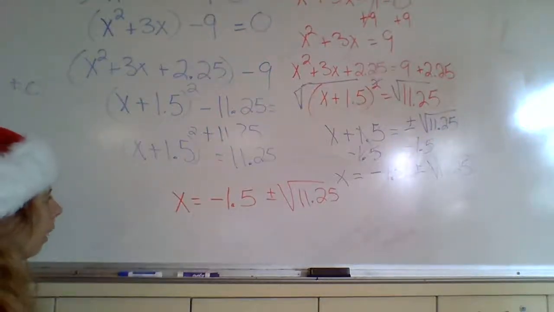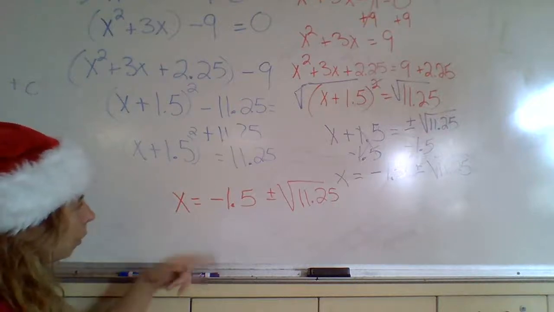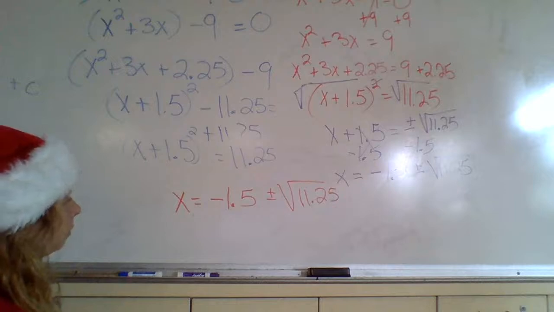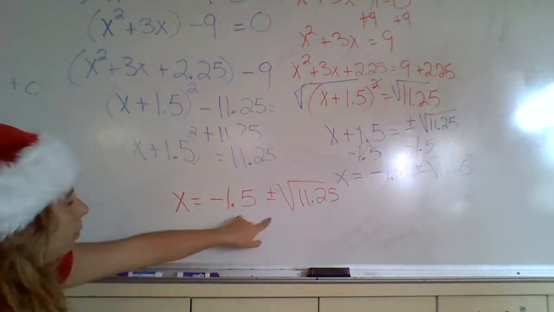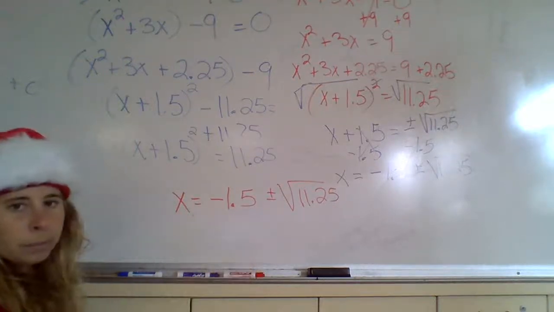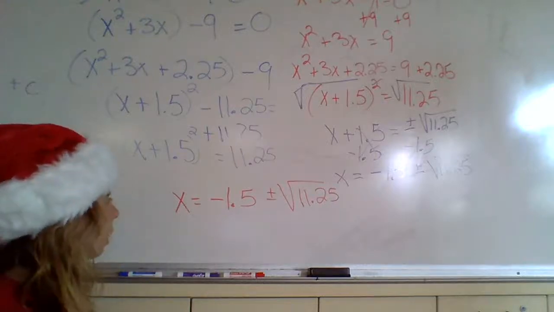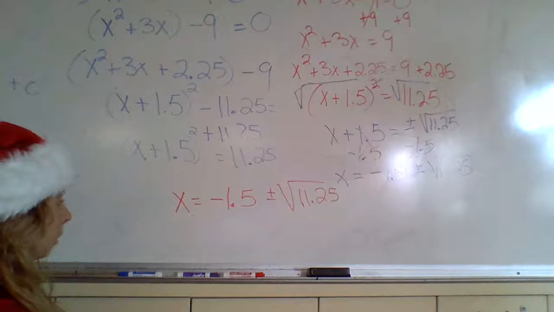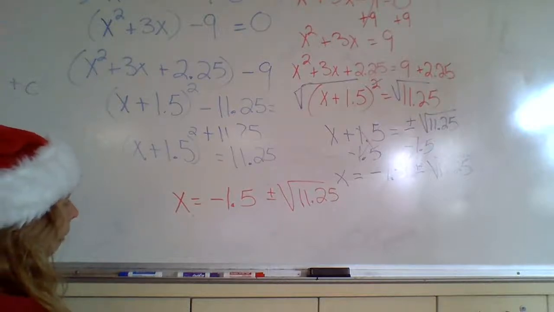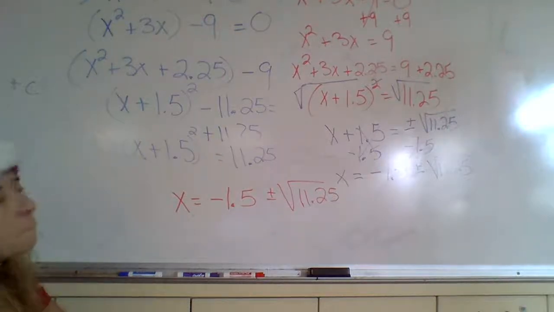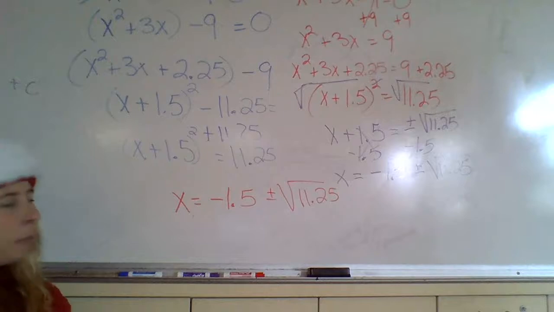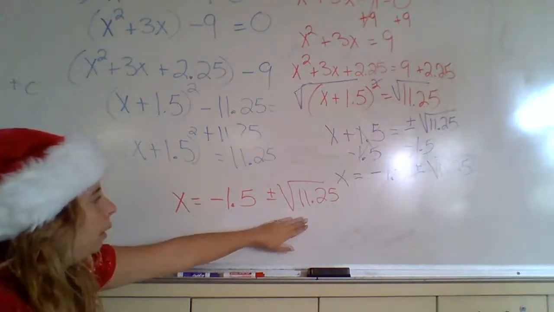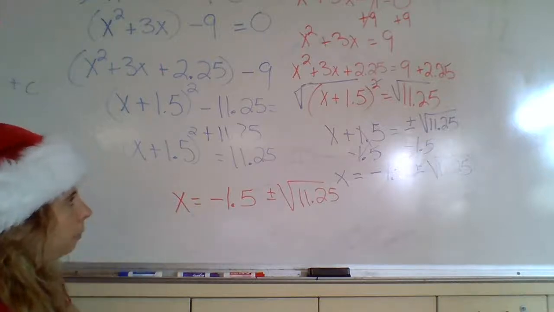So negative 1.5 plus the square root of 11.25 and negative 1.5 minus the square root of 11.25. Oh, I was going to graph it, but I can't show you Desmos right now. So those would be your x-intercepts. Okay, remember, this is actually a number. This is some decimal. All right, we're just leaving it as a square root.